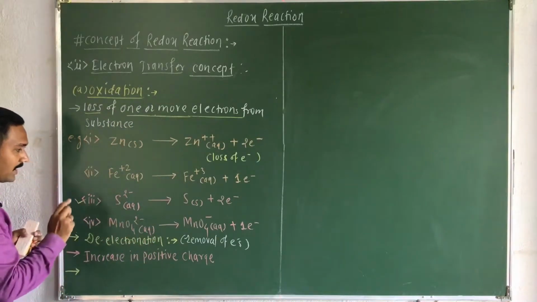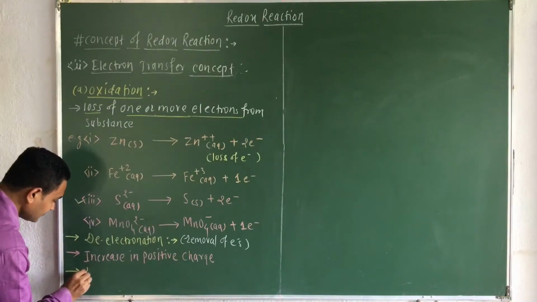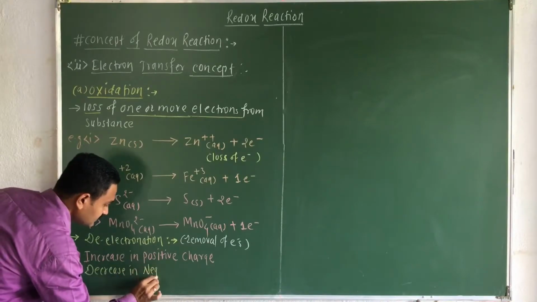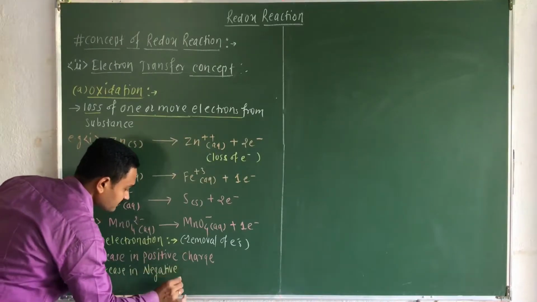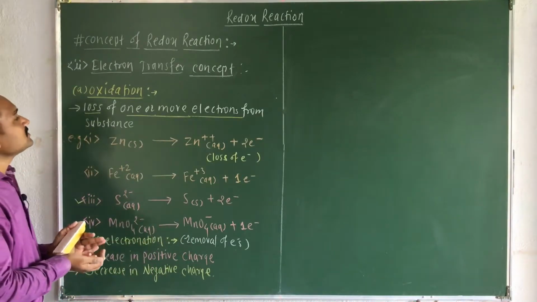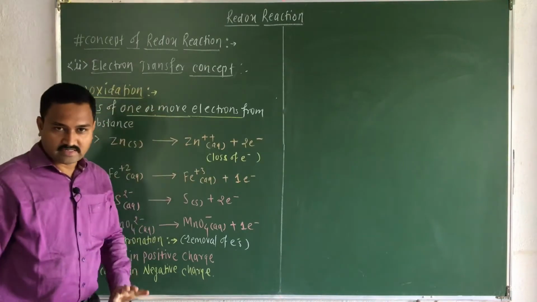So minus 2 charge converted to 0 charge, and here there is a decrease in negative charge. So this is about the oxidation reaction in terms of the electron transfer concept.